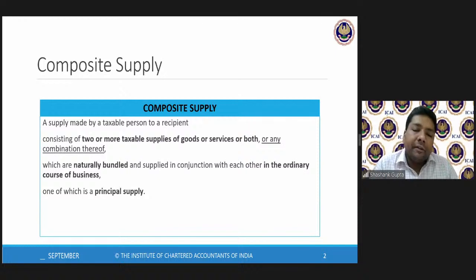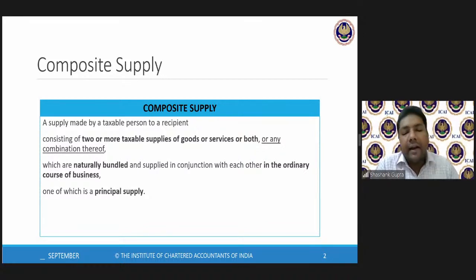Then the transaction should be in the course or furtherance of business. Now, import of service for a consideration is an exception to a transaction being in the course or furtherance of business. And lastly, supply has to be made by a person.